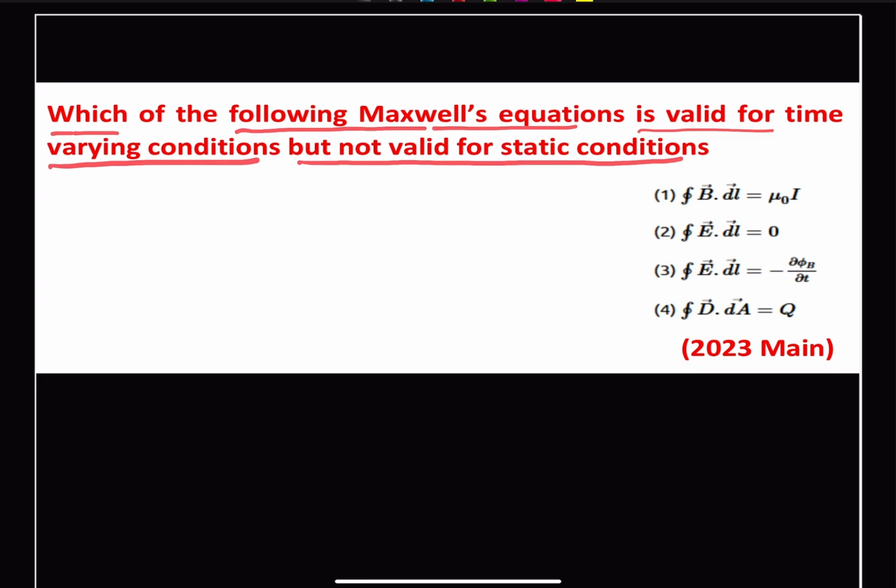So we start with option 1. Option 1 is the closed integral of B dot dl equal to mu naught I, and this is nothing but Ampere's law.